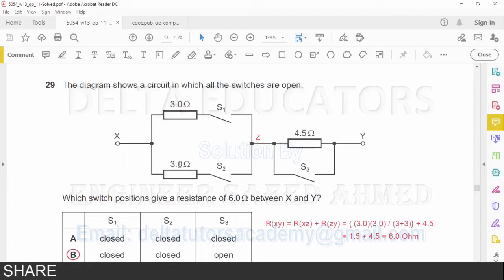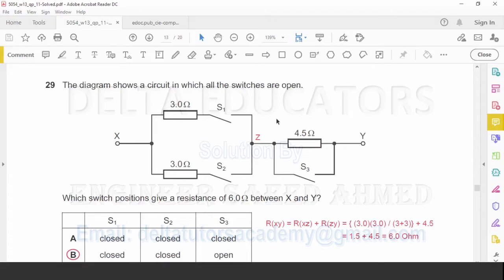Now when we calculate the total resistance of these 3 ohm resistors, the answer is 1.5 ohm. Now the total resistance here in this circuit is 1.5 ohm. It is 4.5 ohm. So total resistance along the circuit will be 1.5 plus 4.5. It will be 6 ohm. So when we close switches S1 and S2 and we keep switch S3 open, the total resistance we get is 6 ohm.